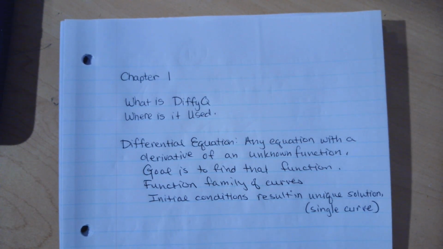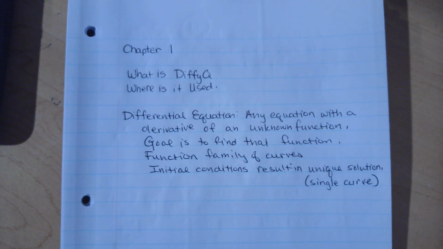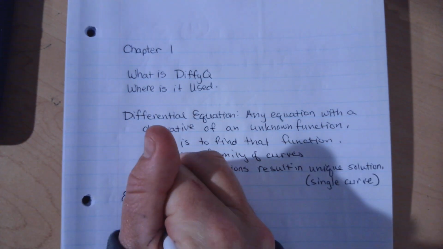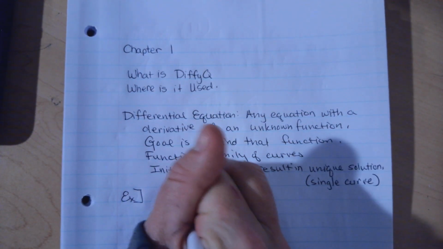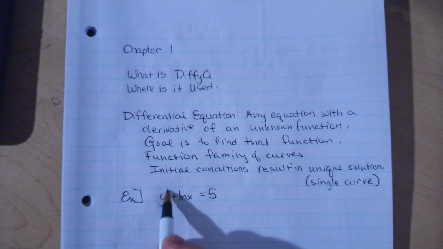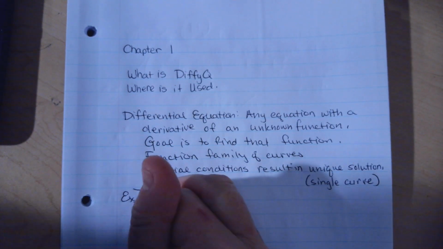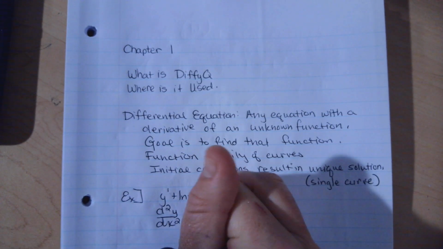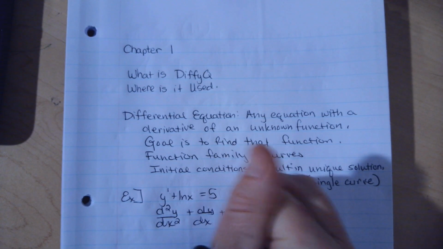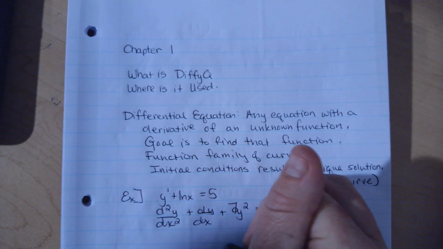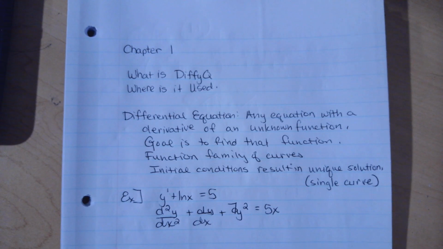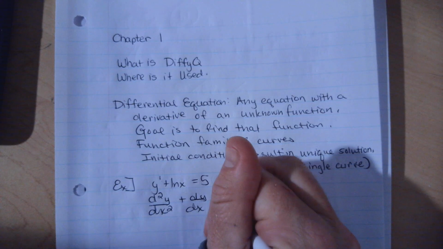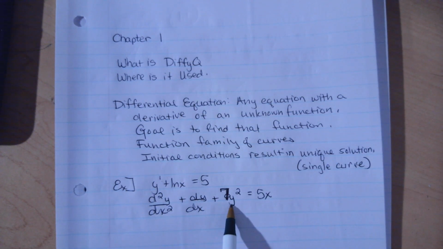Okay? And so examples, I guess, of differential equations are anything that might, you can have a derivative like this, remember? We can have a second derivative. Right? And so this differential equation, if we were given this, our goal would be to find what is this function y?